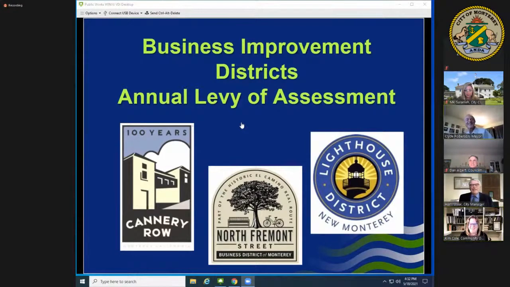So thank you. This afternoon, the City Council will be considering the annual levy of assessment for our business improvement districts. As you're well aware, we have 3 business improvement districts that require this action annually: the Cannery Row Business Improvement District, the North Fremont, and the New Monterey.